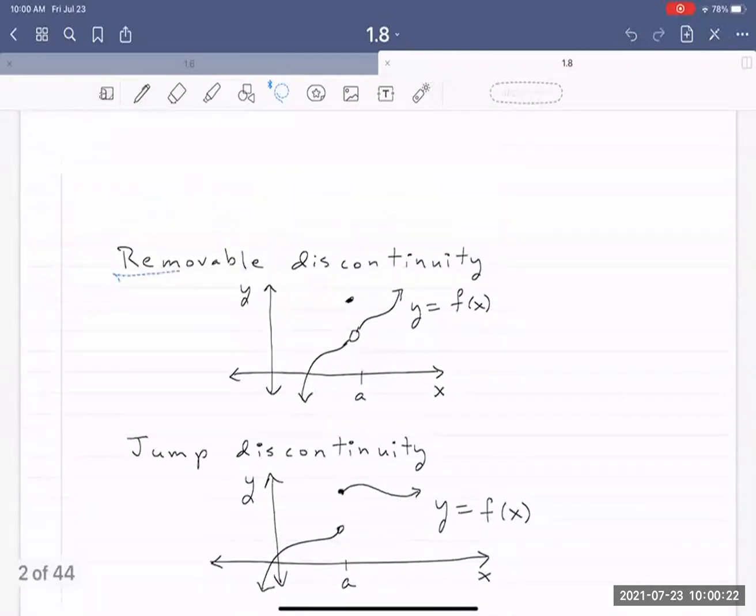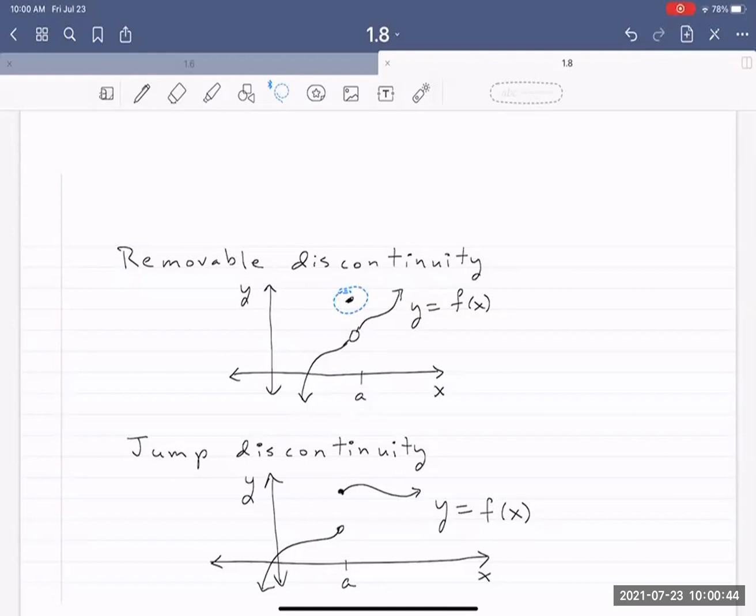So a removable discontinuity. If I have that my function is not continuous at a, but if I redefine this function at one point, I could make it continuous at a.